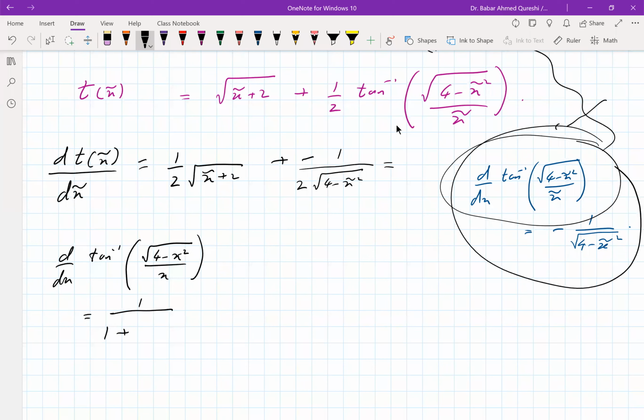So that's 4 minus x squared over x square. And now you're using the chain rule. That's the derivative of the chain rule and then the product rule on the chain rule.